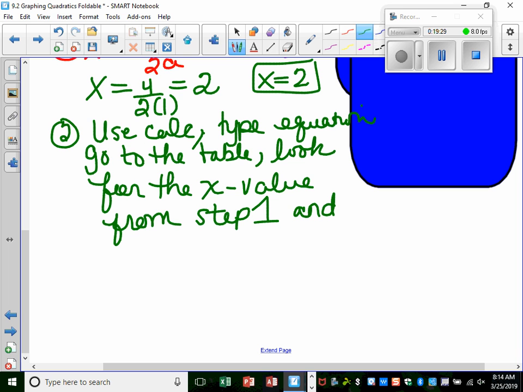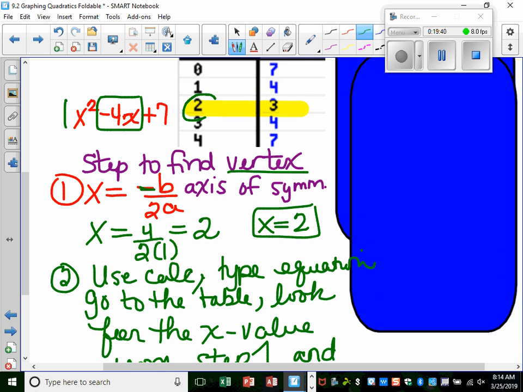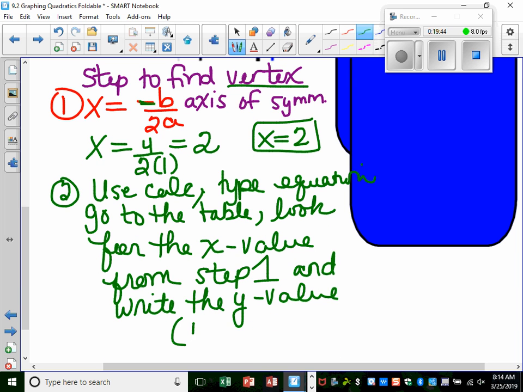That's it. In your table, here's 2, and there's the y, 3, and there's your vertex. It's that simple. So that's how you would do it by hand. You use your calculator, type the equation in, go to the table, look for the x value from step 1, and write down the y value.